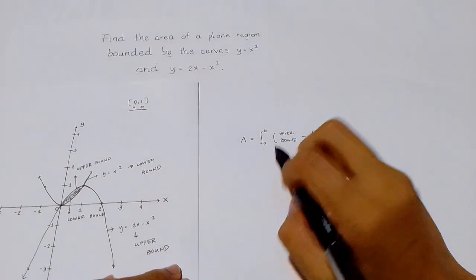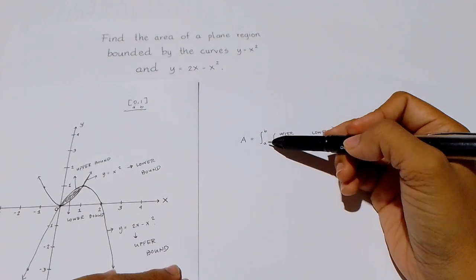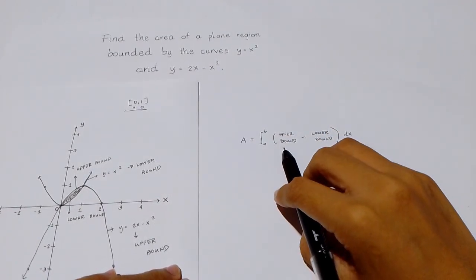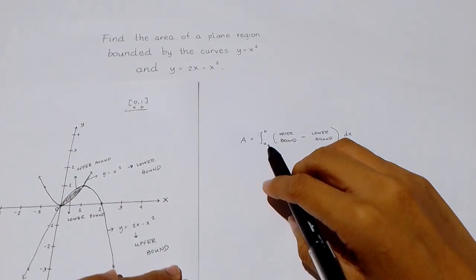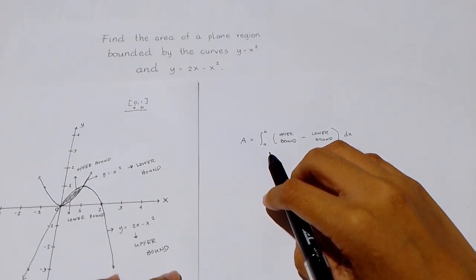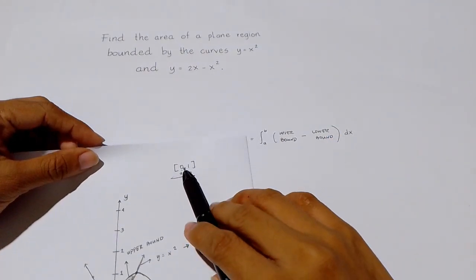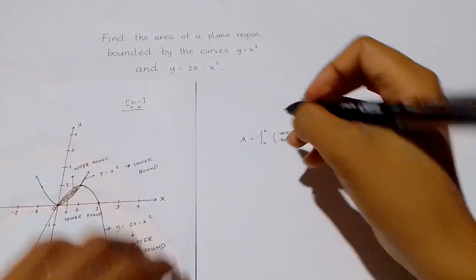So after this, we are going to substitute the values of a, b, and of our upper bound and lower bound. Our closed interval is 0 and 1, where 0 is our a and 1 is our b.